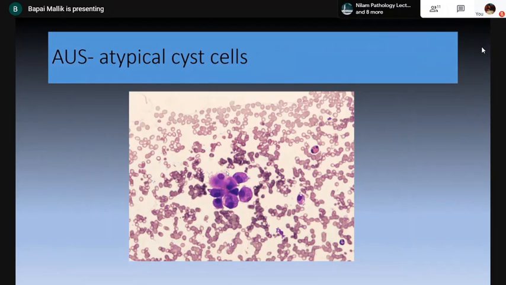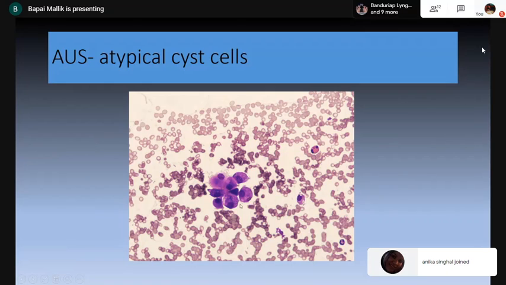Now, so that brings us back from AUS due to atypical cells, not exactly due to architectural changes. The other thing which comes under AUS is AUS due to atypical cyst cells. We know what cyst macrophages look like, but then once in a while you will come across these cyst macrophages with a slightly more opaque cytoplasm, not exactly the bean-shaped nuclei.